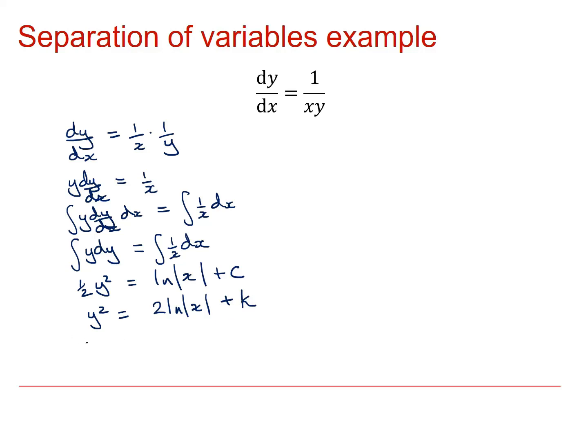And now I can square root both sides, so I get finally that y is equal to the square root of 2 log mod x plus k.